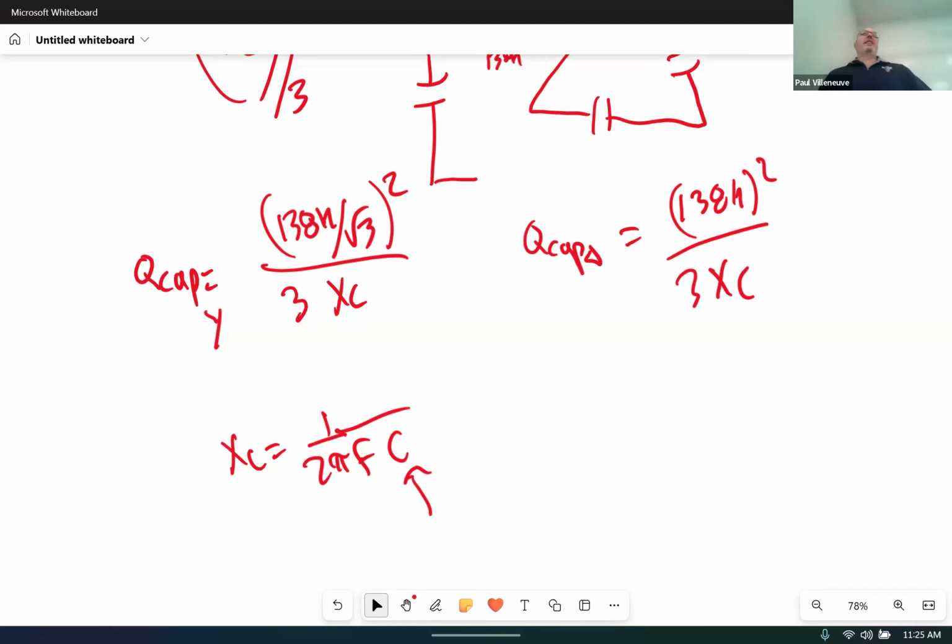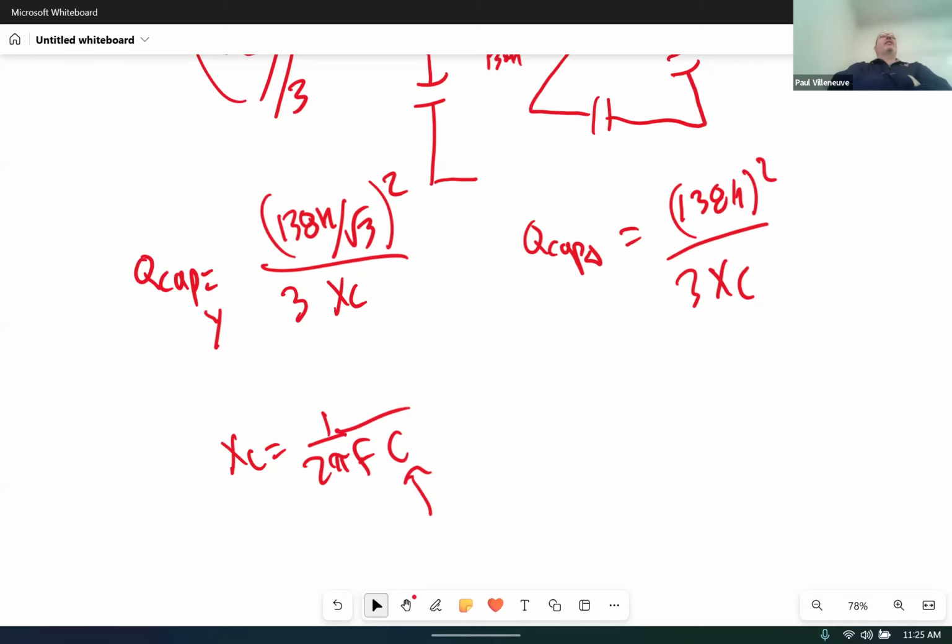As long as you divide by three, that's fine. You had to divide the Q by three, and then say three caps of that, because you don't have a total capacitance. You have three single phase capacitors connected in delta or Y.